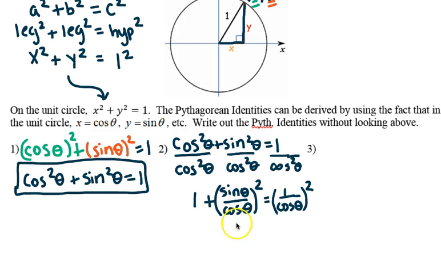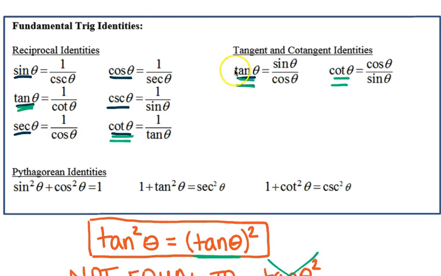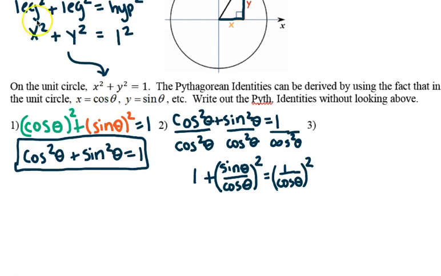Now, what is sine over cosine? If we look back here, we can see that sine over cosine is really our tangent. Okay, so I'm going to replace sine over cosine with tangent. So this will become tangent theta, and that quantity will still be squared. 1 over cosine, what's that equivalent to?